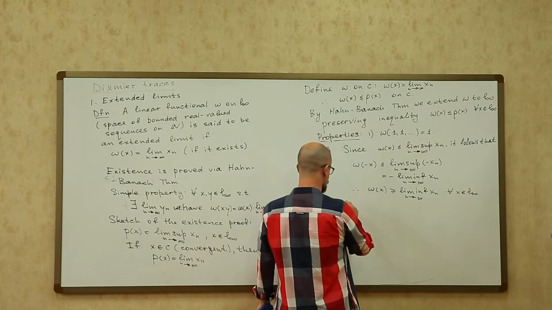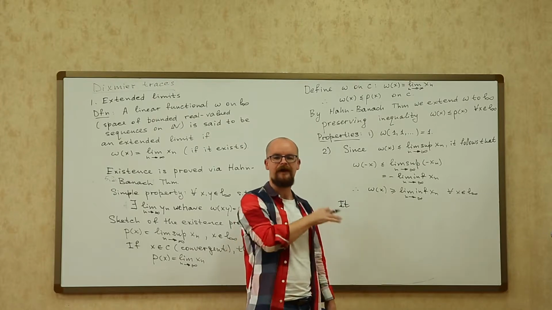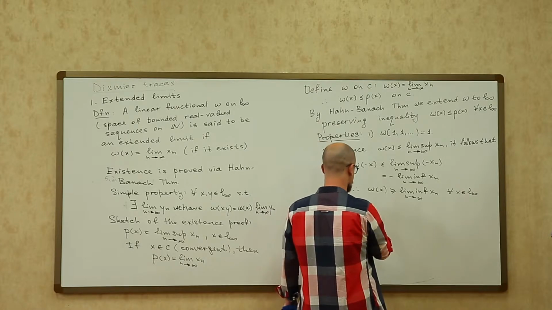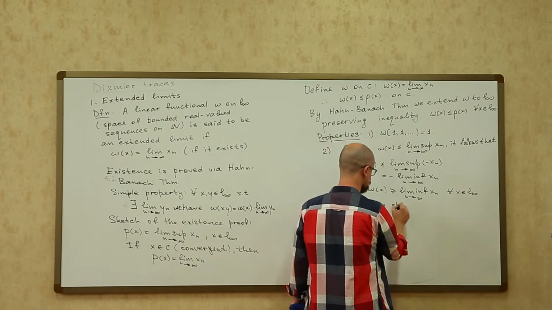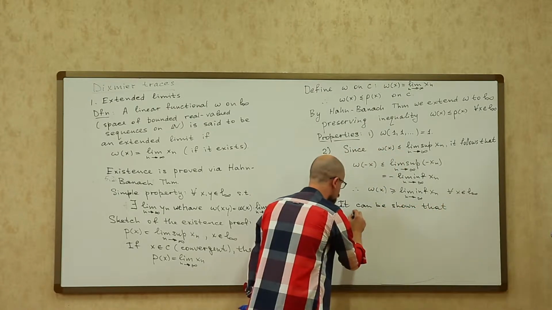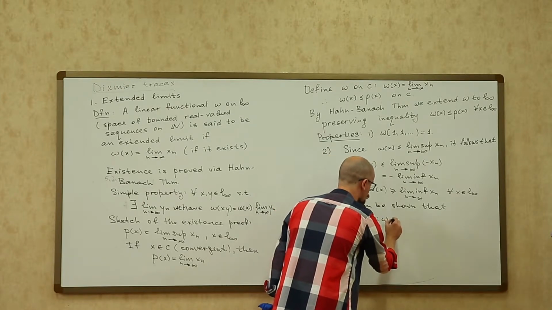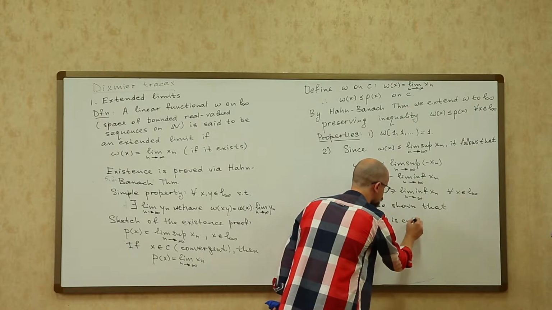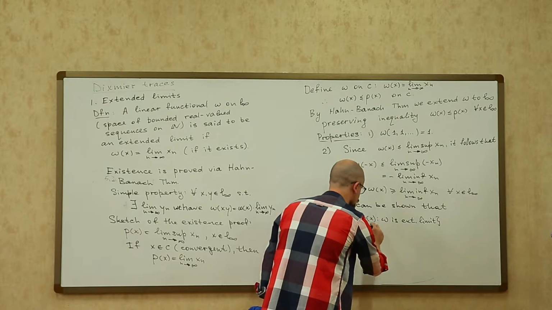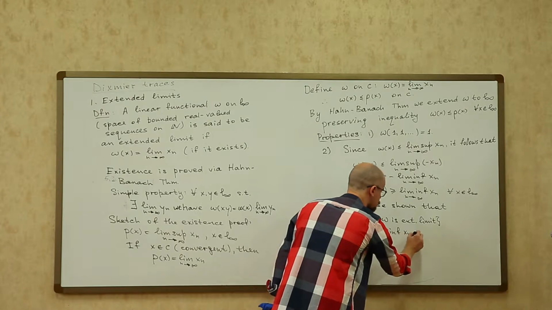Moreover, again using careful analysis of the proof by Hahn-Banach theory, it can be shown that the range of values of a particular sequence over all extended limits exactly coincides with the interval from lim inf to lim sup.